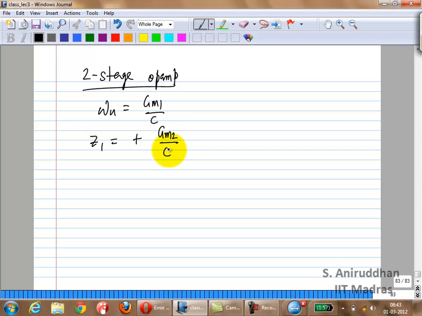Plus gm2 over C. And the pole was at P1.